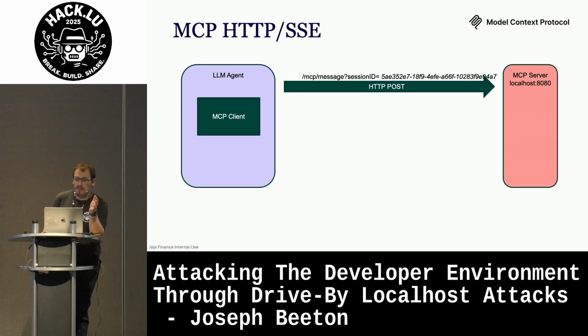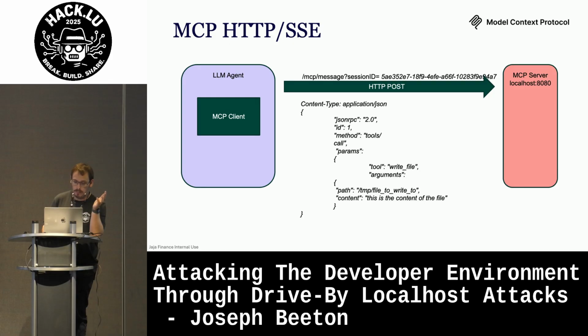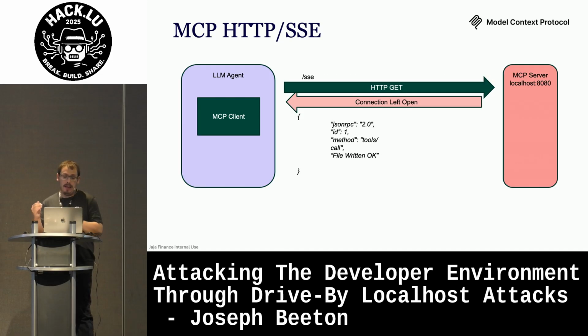Once you've created that session, the client then makes a request with the session ID, and in this case, the client is trying to trigger an endpoint that will write a file to disk, which is nice and simple. And then the actual response will occur within the original connection that was left open.